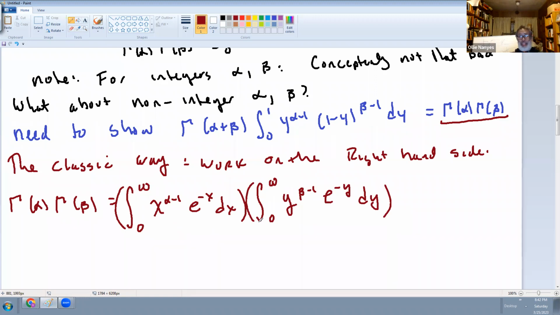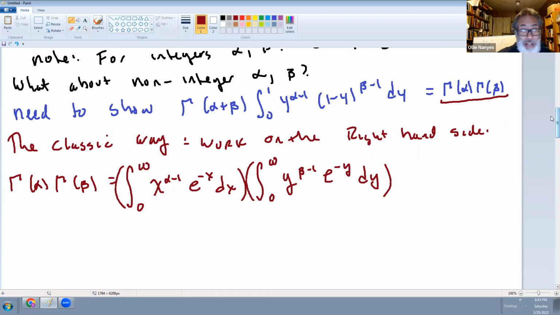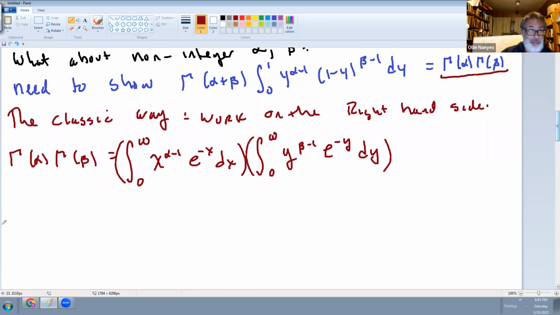Now what we see, and this is the first part where we're going to use two-variable calculus, is that the product of these integrals, where each is integrated over the half line 0 to infinity, can now be written as a double integral. I'm going to integrate with x second, which I call using dx slices.